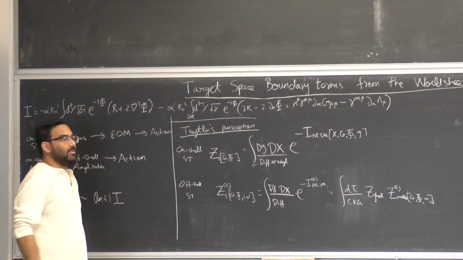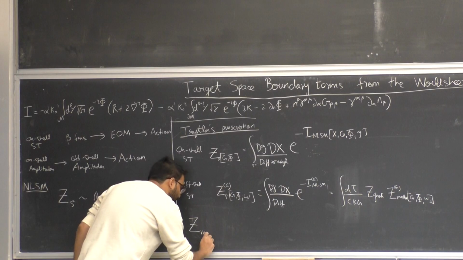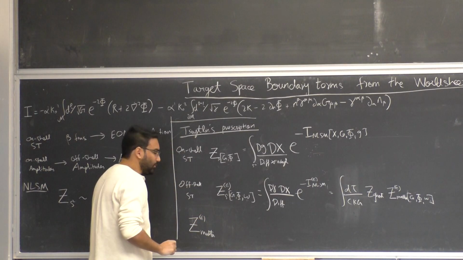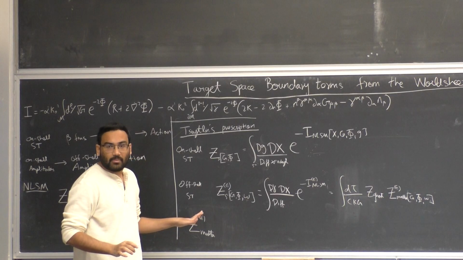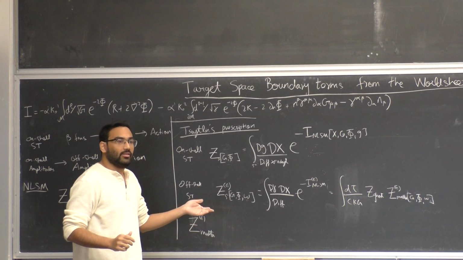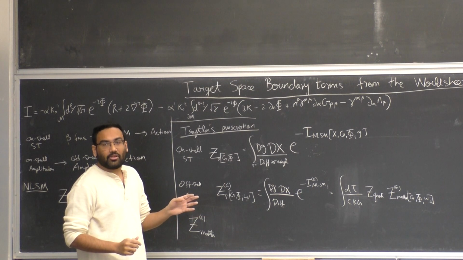So the Sen prescription is the following. In the matter partition function, there will be divergences first of all. Now the divergences will be of all different sorts. Polynomial divergences, logarithmic divergences, all different things. Now they say that the polynomial divergences all are non-universal.